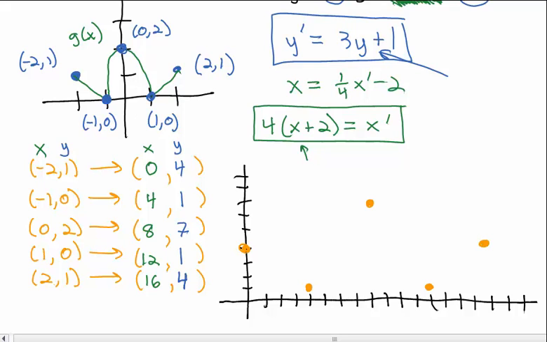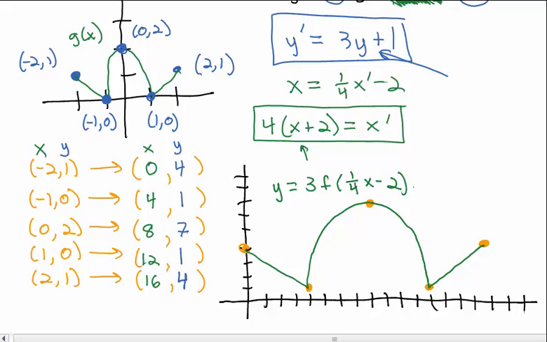Then we connect the dots, keeping the same shape as the original function, the straight diagonal, the upside down looking parabola, and the straight diagonal. This now is the graph of y equals 3 times f of 1/4 x minus 2 plus 1.